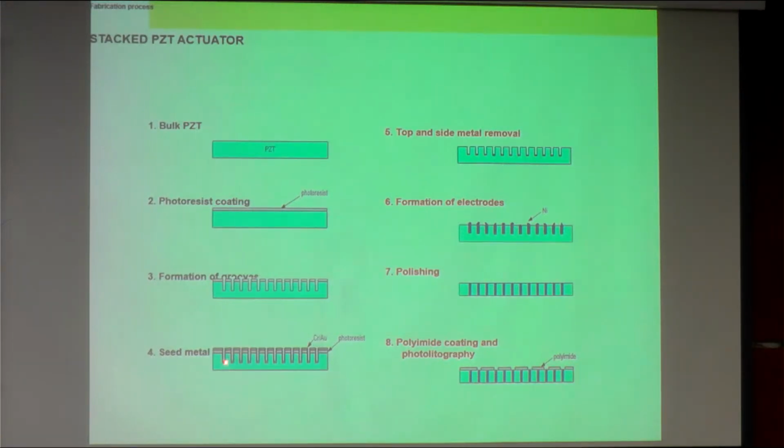Then we have a seed metal deposited using sputtering, and this is covered by coating because we want to prevent or remove the metal later on the top side. And there is a certain pattern so that we can connect to electrical wiring in order to do the electrodeposition later on.